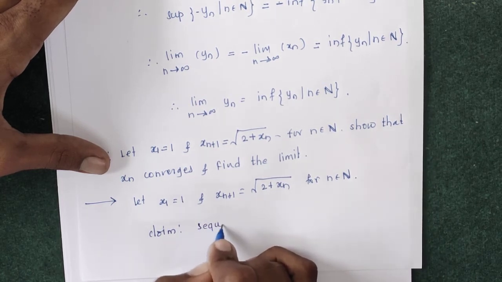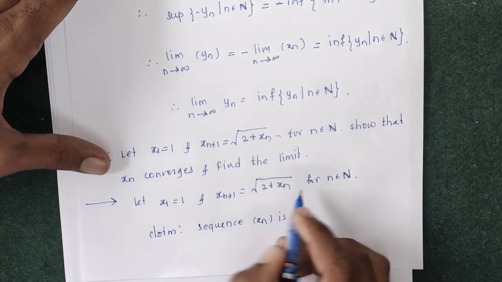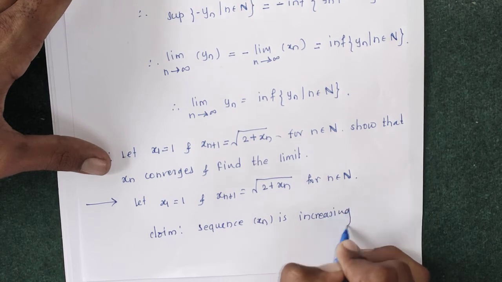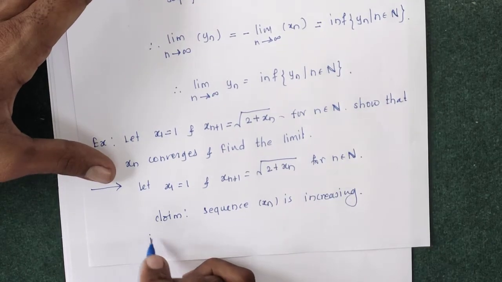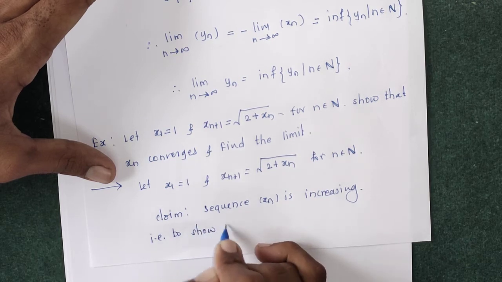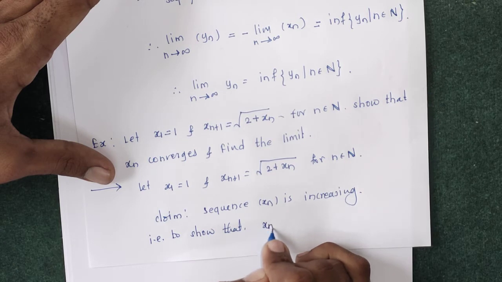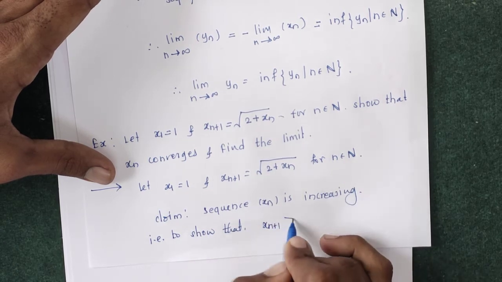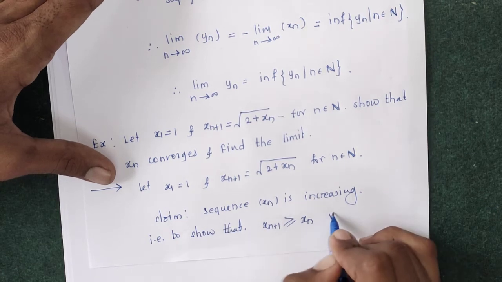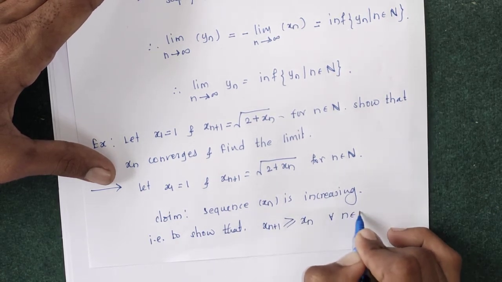Sequence xn is increasing. That is, we have to show that xn plus 1 is greater than or equal to xn, since increasing means the next element is greater than or equal to the previous one, for all n belongs to natural numbers.